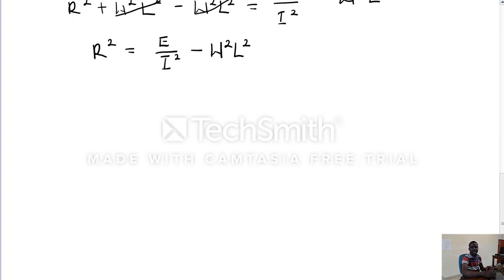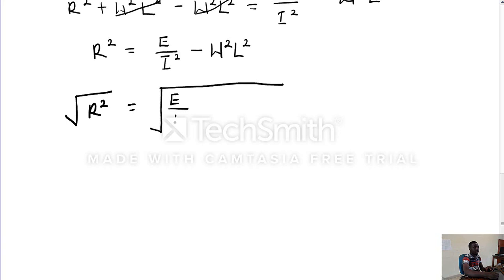In making R the subject of the formula, we will then find the square root of both sides. Finding the square root of both sides, you have square root of R squared is equal to square root of E divided by I squared minus W squared L squared.